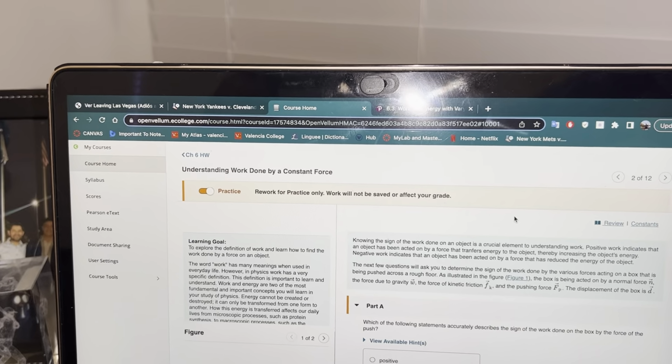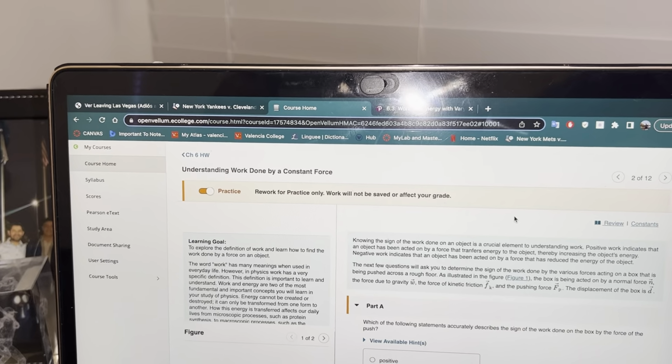So the object itself moves with a force of push from the left to the right, and that's all we got so far. So on part A, they're asking which of the following statements correctly describes the sign of the work done on the box by the force of push.